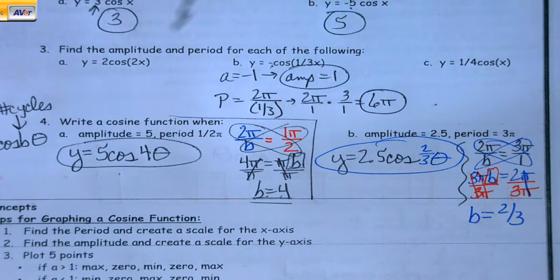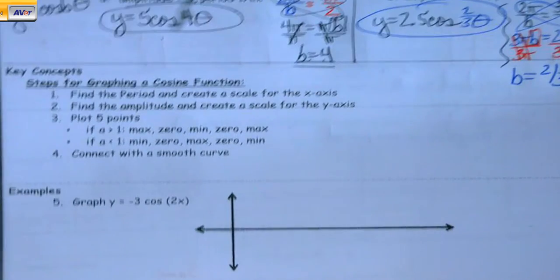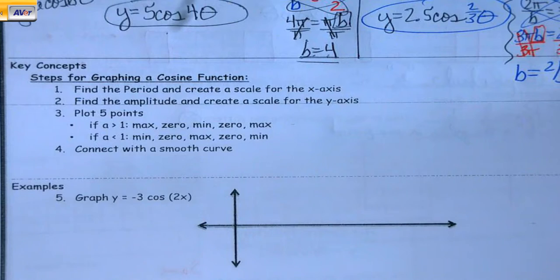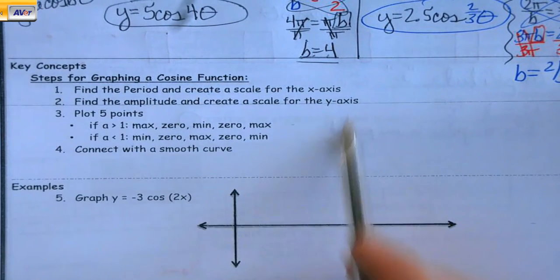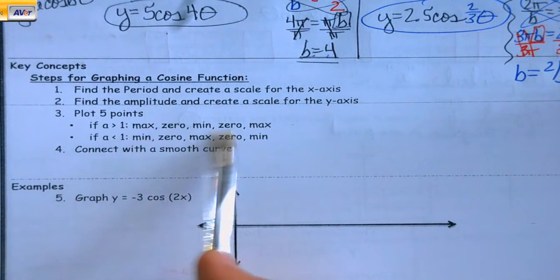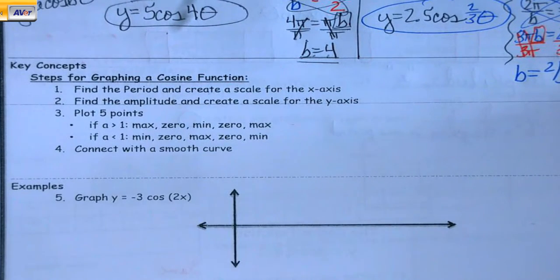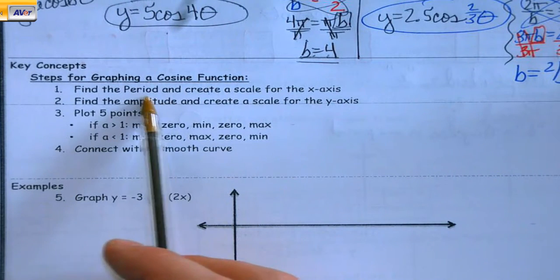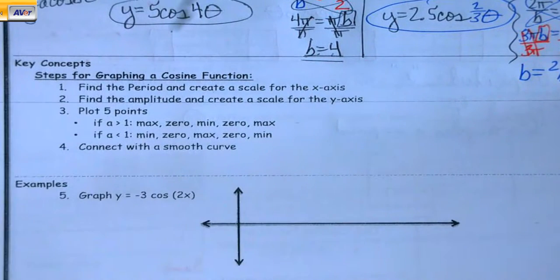So if you were to do a side-by-side with when we did this for sine, this stuff is going to be the same except for these values right here. And we're going to chat about those with our cards here. So, first things first, find the period, create a scale for the x-axis.